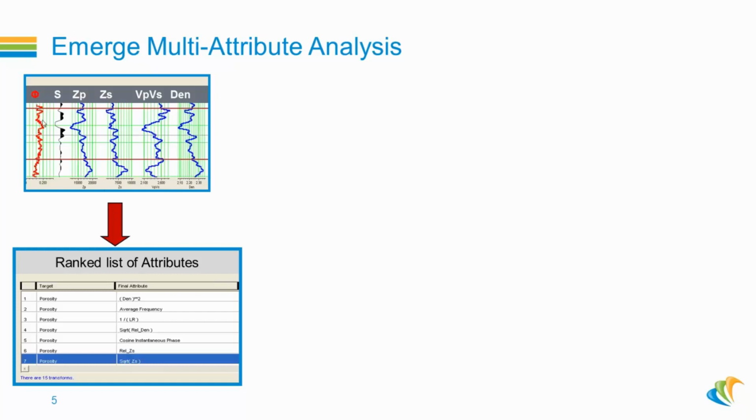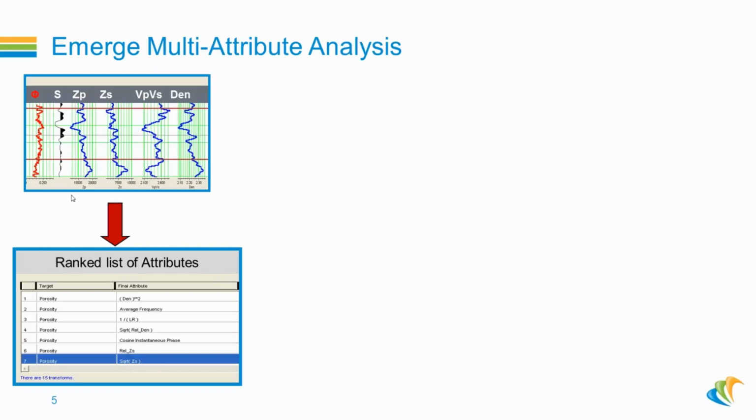So in this case, I'm starting with a porosity log, which is a red curve. S is my seismic, and P impedance, S impedance, the VP/VS ratio, density.